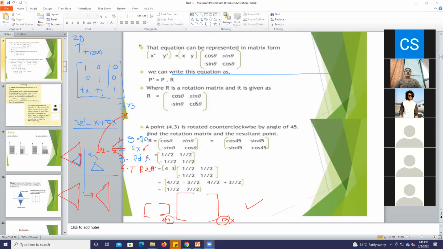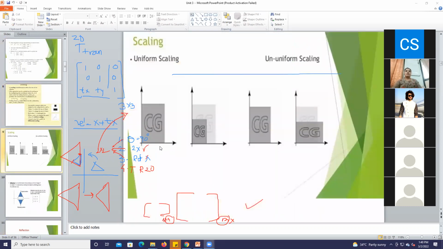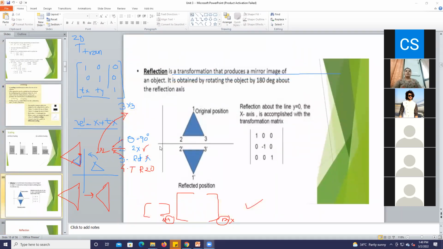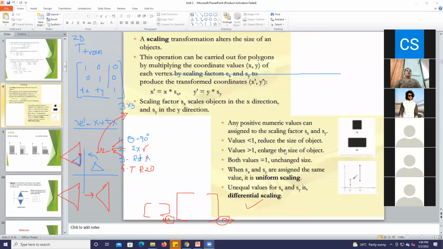So this is a 2x2 matrix for rotation. स्केलिंगचा काय असतो T मॅट्रिक्स? स्केलिंगचा सुद्धा 2x2 असतो. If you see here, स्केलिंगचा T मॅट्रिक्स नाही येत लिहिला, पण ठीक आहे. Sx आणि Sy हे डायगोनल एलिमेंट असतात आणि ऑफ डायगोनल एलिमेंट 0 0 असतात. So it is also 2x2.